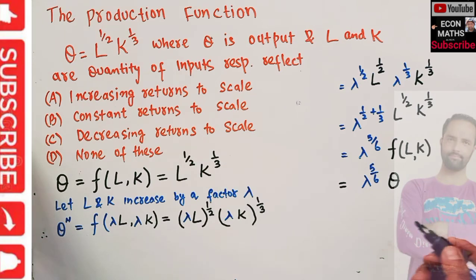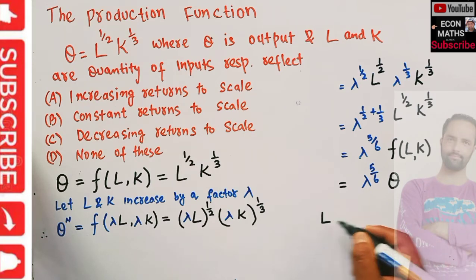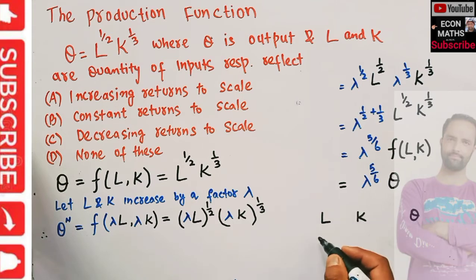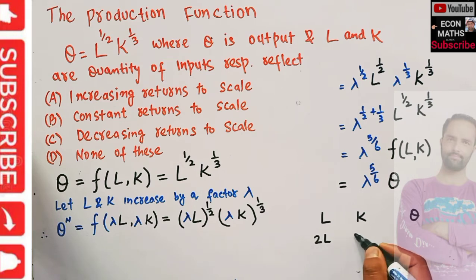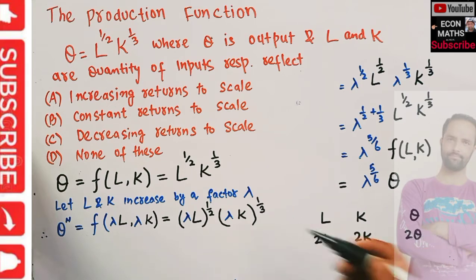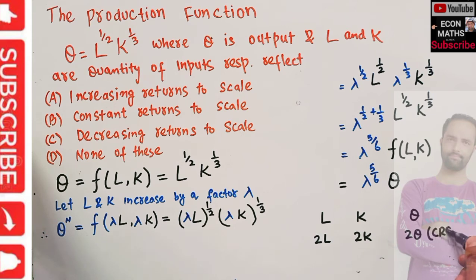So if I write it here, let us say we have labor, capital, and here we have output. If I double the labor and double the capital, and my output also gets doubled, then I say that the given production function exhibits constant returns to scale.